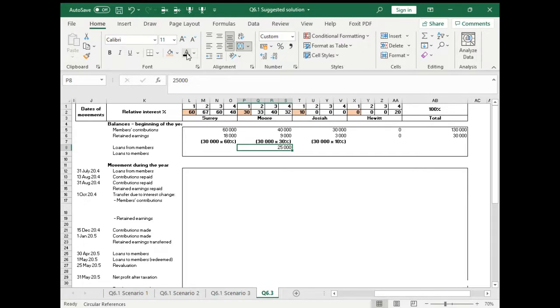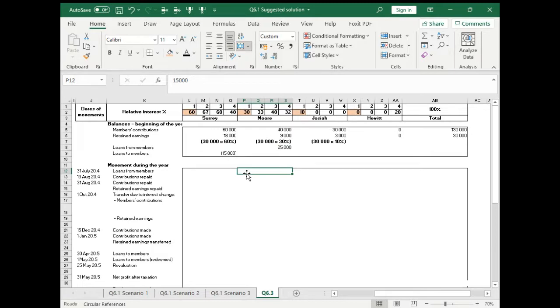Now, because it's a loan from him, it's an asset to him. So his equity is actually more, but he has made a loan to someone else. So you show it as a positive, whereas the next one is the loan to, so that's the money he's borrowed, and you show that as a negative 15.